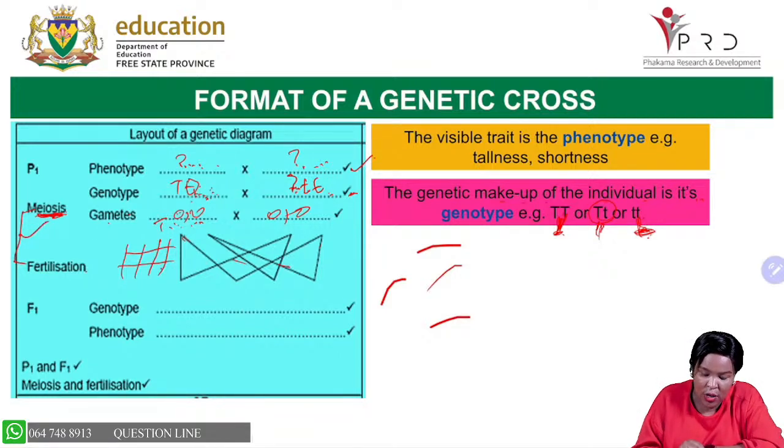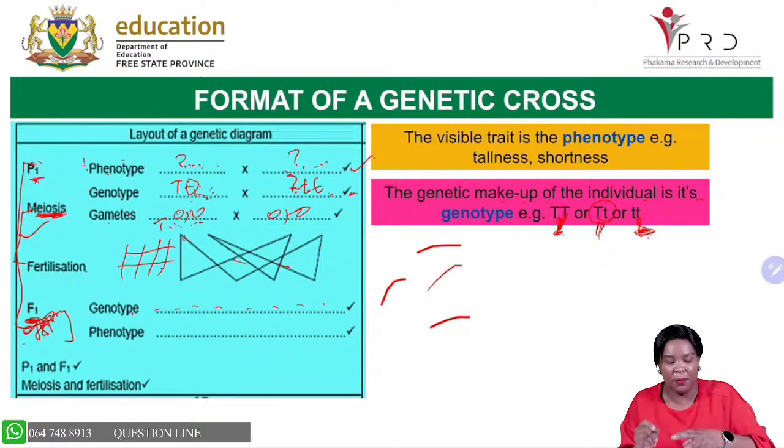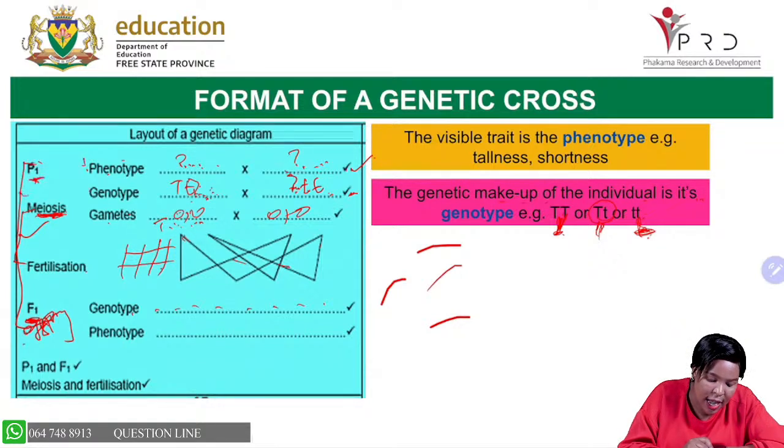Then you come and tell us what is now the genotype of the offspring. F1 stands for offspring. For writing P1, telling us that the first genotype and phenotype I was dealing with was that of the parents, and P1 and F1 at the correct place, you are going to get another mark.